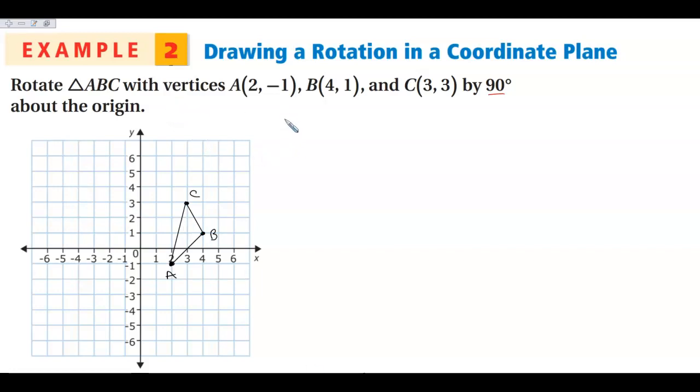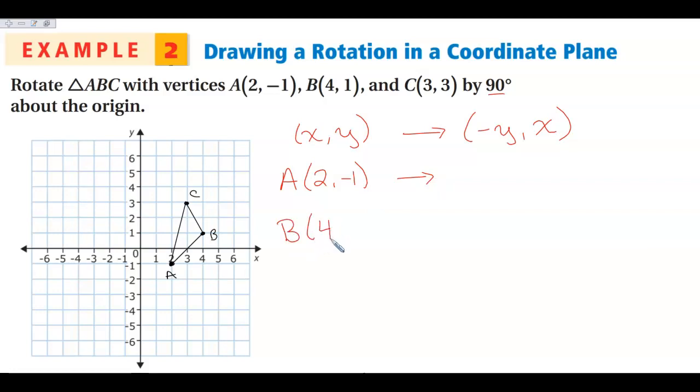So what I can do is look at my original point x, y, which is going to map onto, now my 90-degree rotation rule is -y, x. So my original point A, again, is 2, -1. Point B is 4, 1.